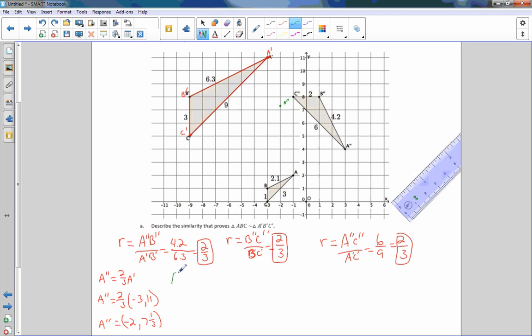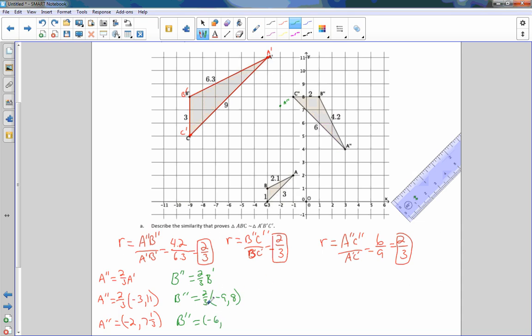Now B double prime is going to equal 2/3 of B prime. B prime is at (-9, 8). 3 goes into -9 three times, so that's -3 times 2, which is -6.